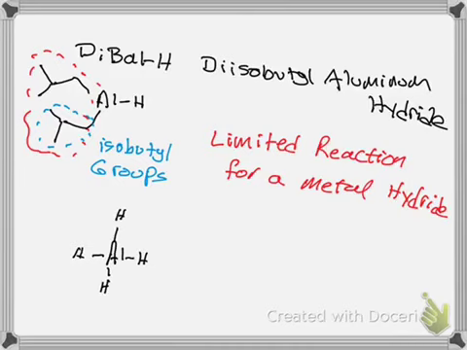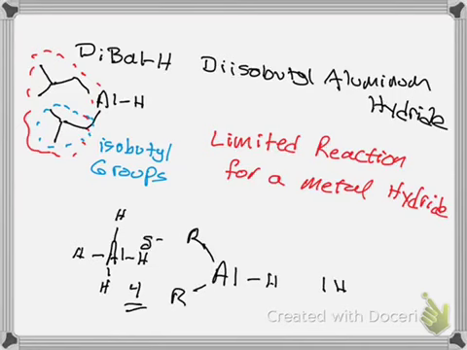There are 4 sites for reaction on lithium aluminum hydride, and all of those hydrogens have a very strong partial negative charge. On DIBAL, I'm just going to put these as R because I don't have a lot of room there. You've got one hydride with a strong partial negative charge. You've just got one of them.